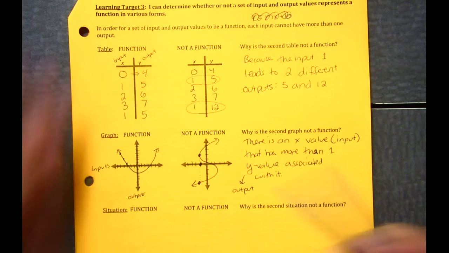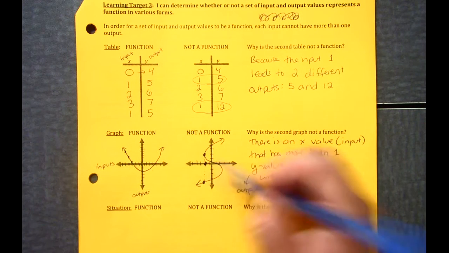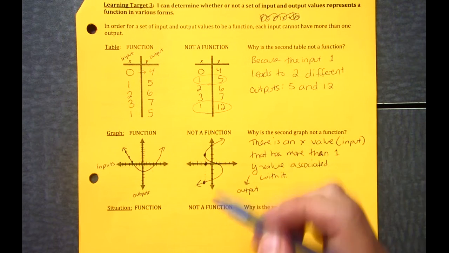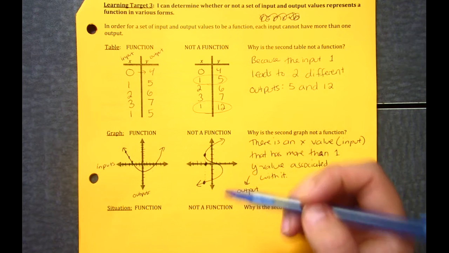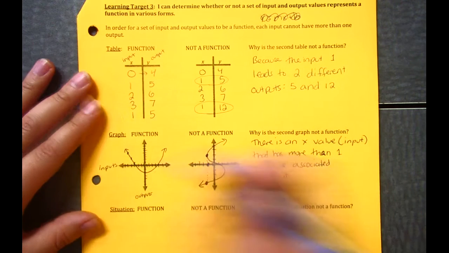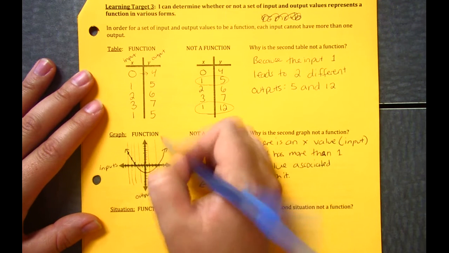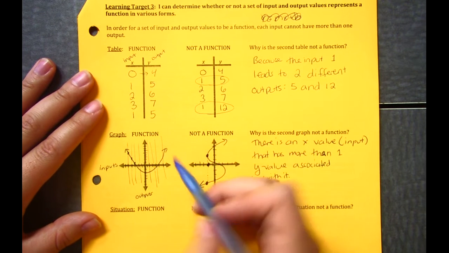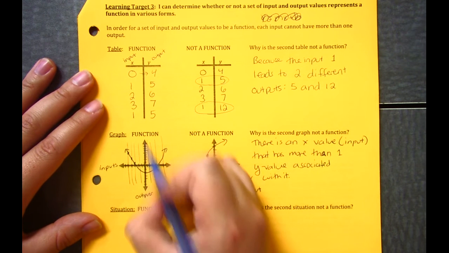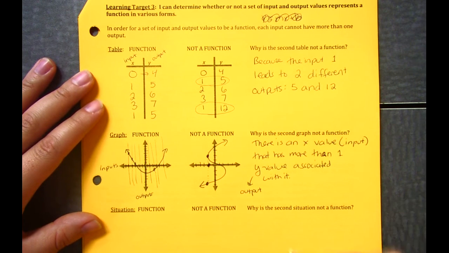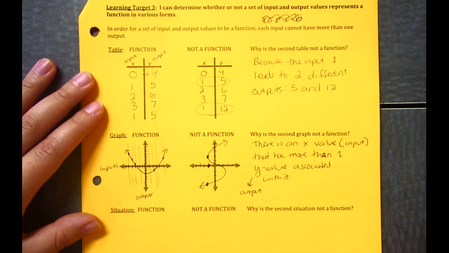Okay? We call this the vertical line test. If we can draw a vertical line anywhere on the function and it only hits the function one time, that means that every input just has one output. So over here, anywhere you draw a vertical line on this function, each vertical line just crosses through this function one time. This line crosses through it right there, just once. This line crosses through it right there, just once.